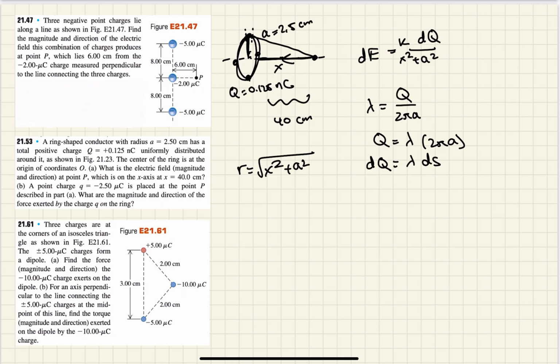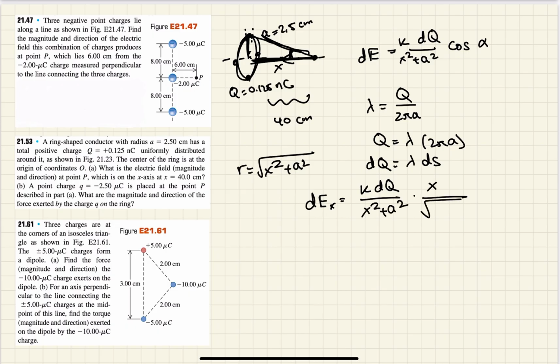And so that means that we want the x component of the electric field, dEx, is equal to dE times cosine of alpha, where alpha is the angle. Now, we already know this is a right triangle. So what is cosine of alpha? Well, that's adjacent over hypotenuse, which is x over r. So it's equal to k dq over x squared plus a squared times x over r.